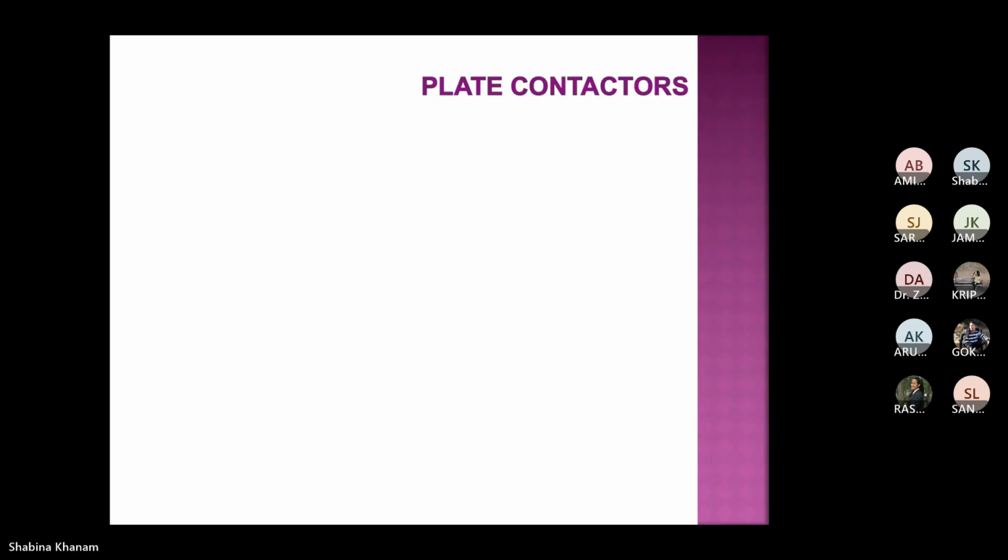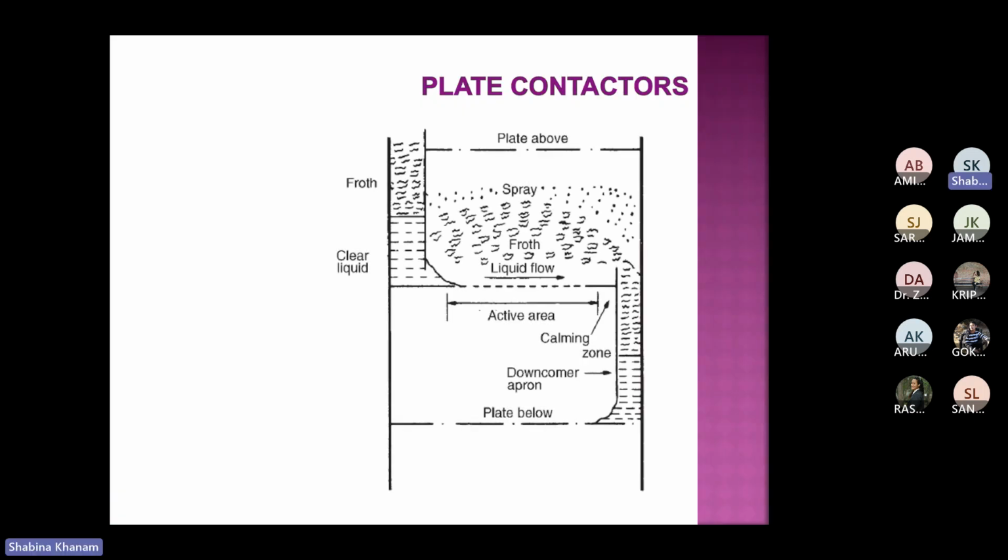As far as plate contactors is concerned, this is the schematic to discuss the contact between liquid as well as vapor. A few points about that we have already discussed in previous lectures, and some more in detailed discussion we will consider with this schematic.